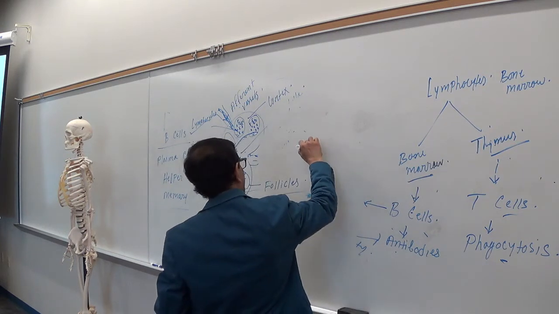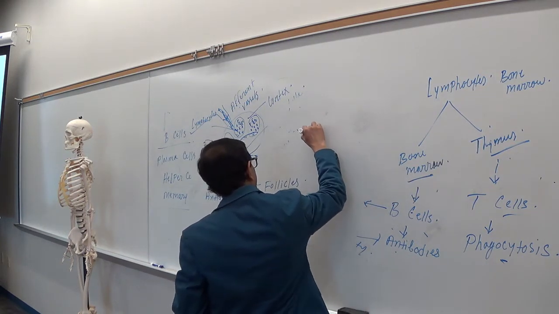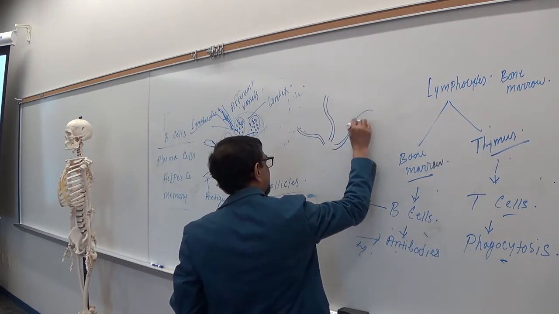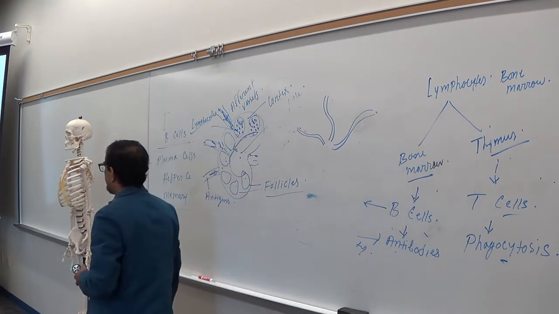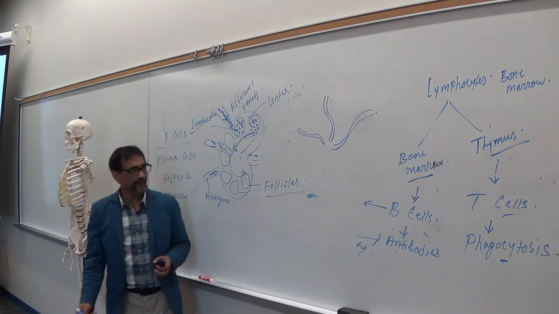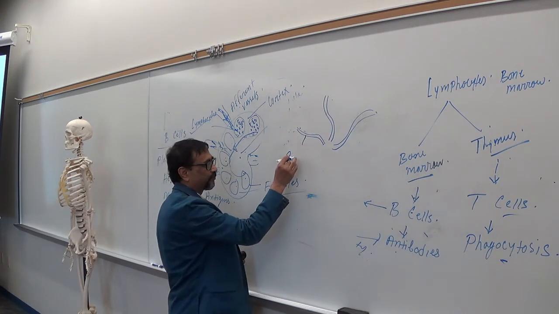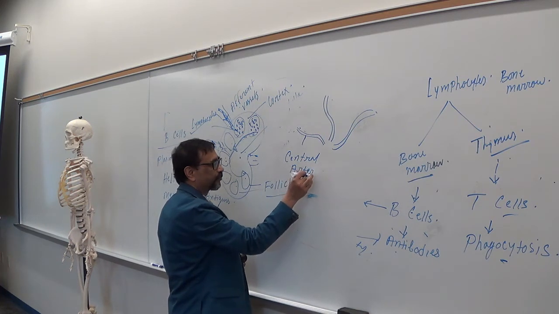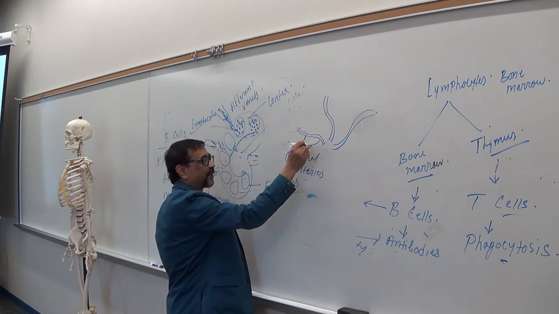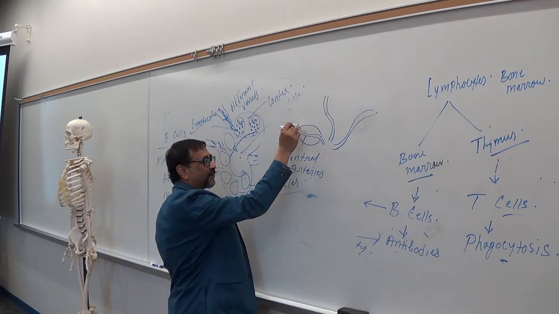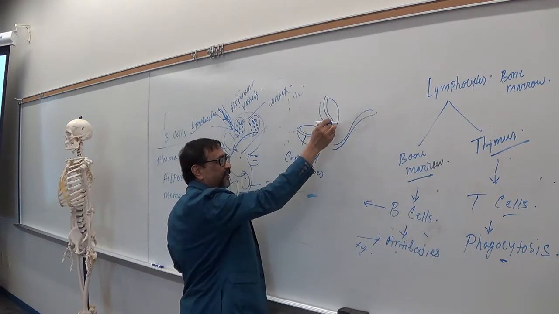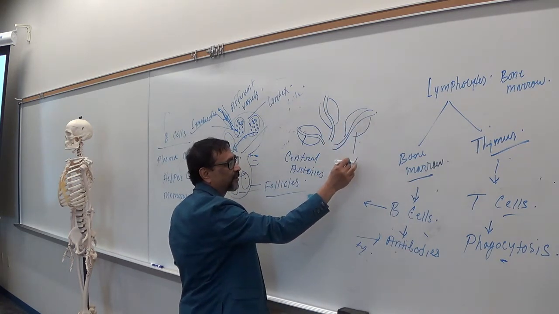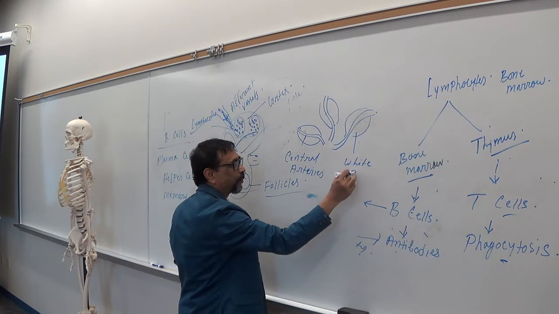Inside the spleen, there are arteries like this. Those are called central arteries. Around the central arteries, the area is white. So around the central artery, the area is what? White. So that is white pulp.